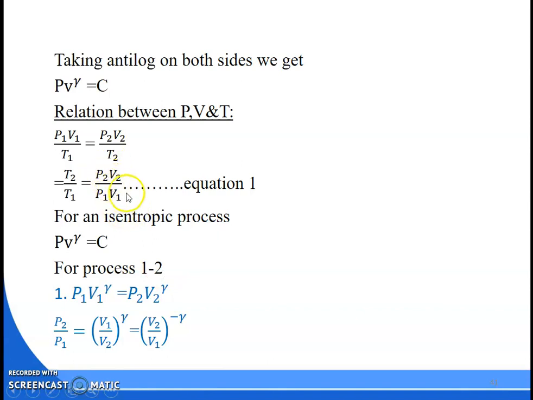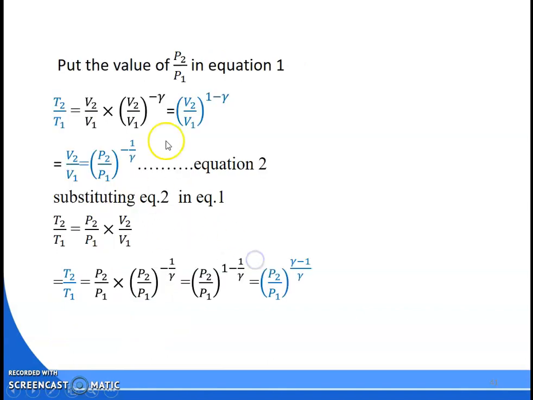So here also (V2 by V1) to the power 1. So V2 by V1 into, in place of P2 by P1, I can put (V2 by V1) to the power minus gamma. If the base is the same and it is multiplied, then the power will be added. So (V2 by V1) to the power 1 minus gamma. So T2 by T1 is equal to (V2 by V1) to the power 1 minus gamma.